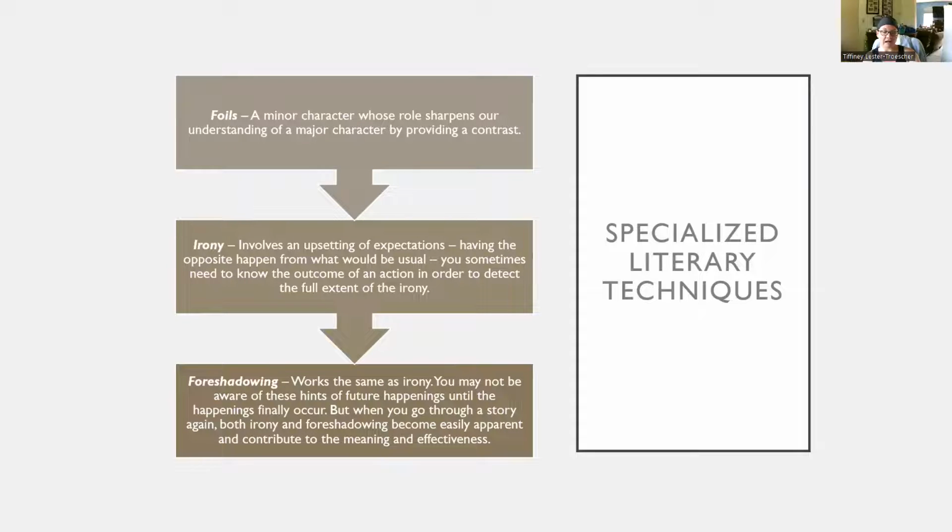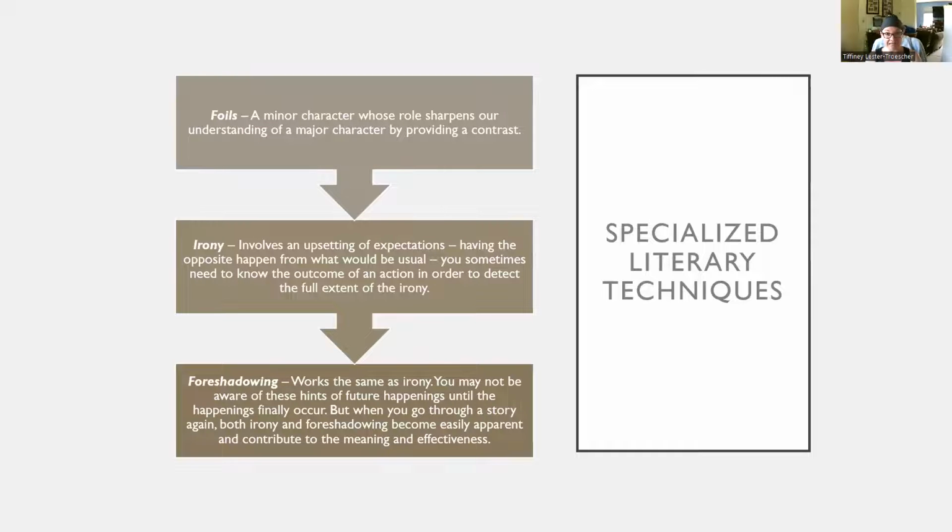And by observing that minor character, it can reveal things we're supposed to figure out about one of the main characters. They're often seen as opposite personalities, or they just have completely opposite behaviors. And that secondary character is likely supposed to get us to understand something about the main character.